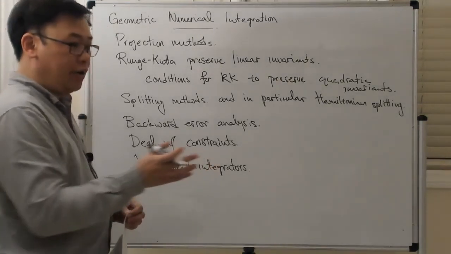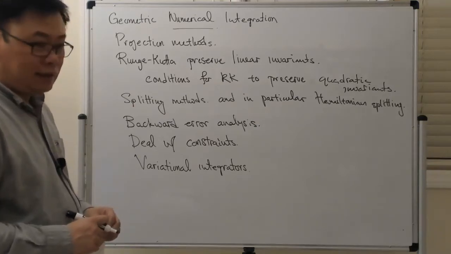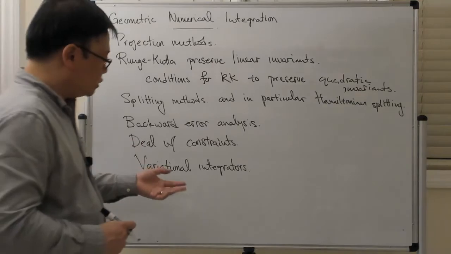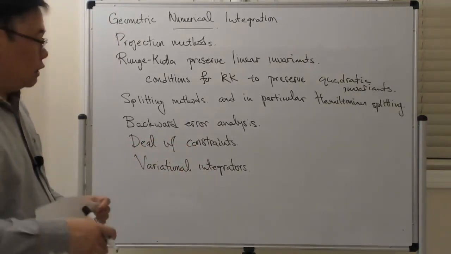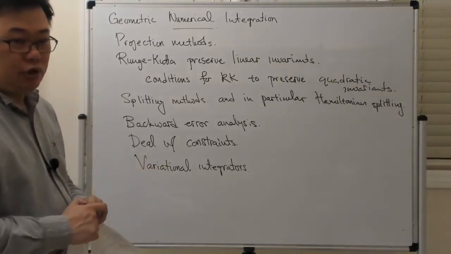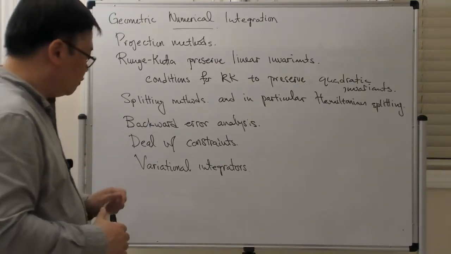And we could compare how accurately it approximates the exact generating function, which is what we call the exact discrete Lagrangian. And then we also showed that variational integrators had a discrete version of Noether's theorem, which is to say that if you could construct your discrete Lagrangian in such a way that it respects a certain symmetry, then there was an associated discrete momentum map which was preserved by the flow.